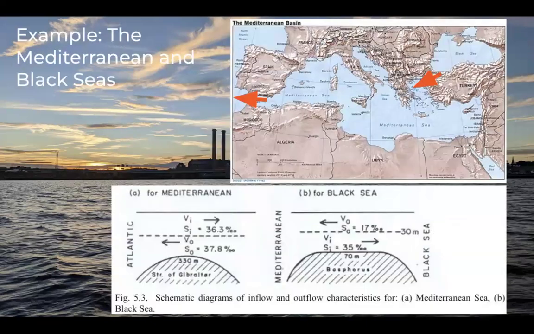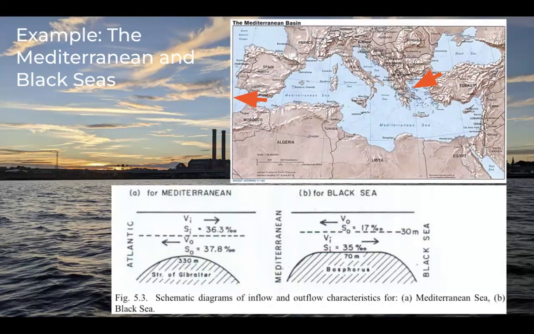So let's look at two nice marginal seas or estuaries, the Mediterranean and the Black Sea. And they differ in exactly that kind of way. We go to the Mediterranean and we make measurements. Saltier water goes out, then comes in.